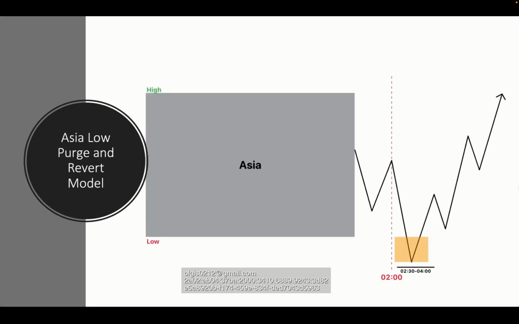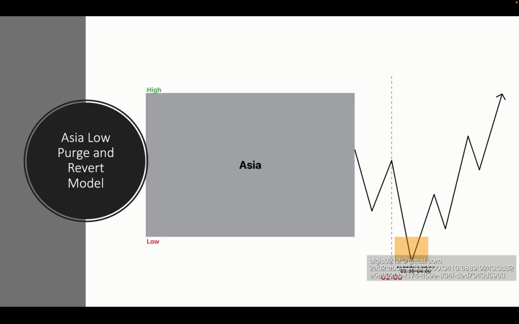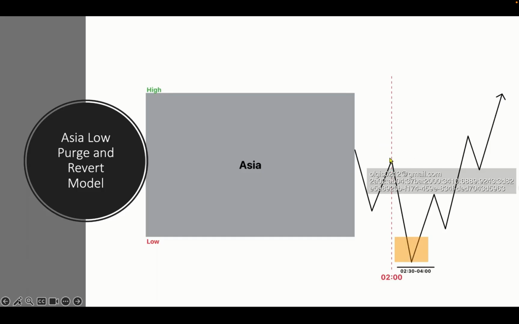The next few models that we will be looking at for the London session are the same models but then for longs. So what we're going to look for is an Asia low purge and revert model, in which we want to see that Asia has engineered liquidity on both sides of the marketplace, and from there on we want to see that around 2 a.m. a manipulation run lower occurs, purging the sell side liquidity below the Asia low.